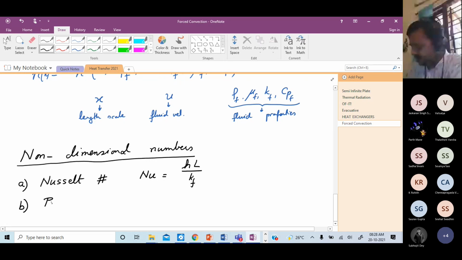The second one is called Prandtl number, the same Ludwig Prandtl who was kind of father of boundary layer theory.